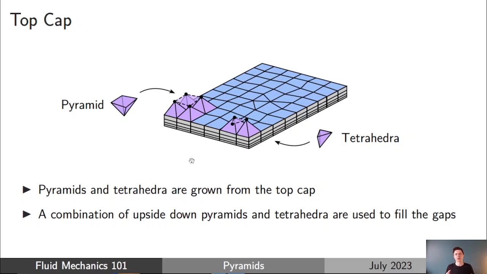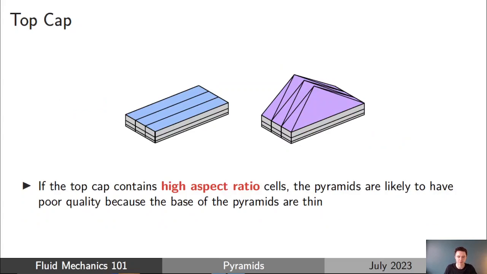You don't need to know exactly how that's done, but for a general understanding, we grow those pyramids and tetrahedra and then use upside down pyramids and tetrahedra to fill in the gaps between the cells. Understanding this process has some useful implications and is going to help us ultimately create better quality meshes.